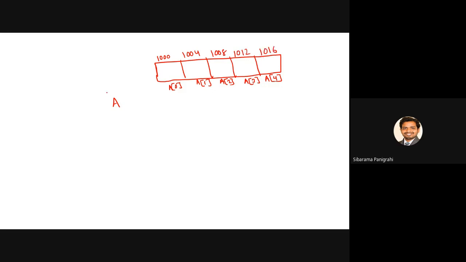Right? So what is array name? Array name A is a constant pointer which always points to the starting address of the array. It is pointing to this one. Okay. So here we need to remember this one.